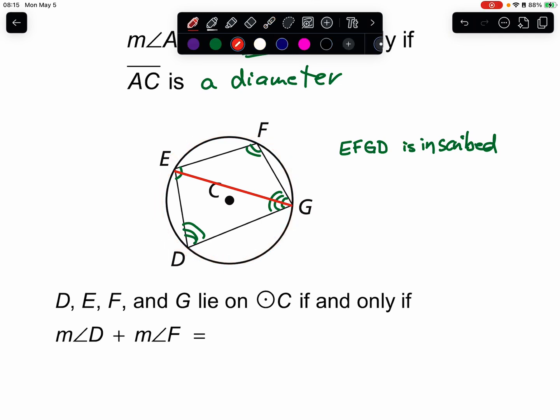Which means these two angles would be half of that. So what's 360 divided by 2? 180.